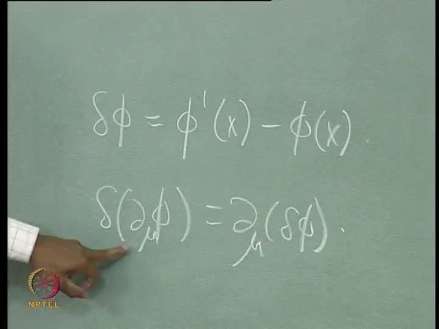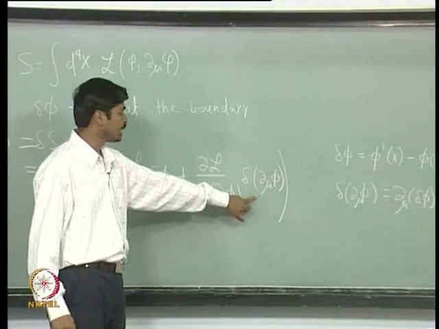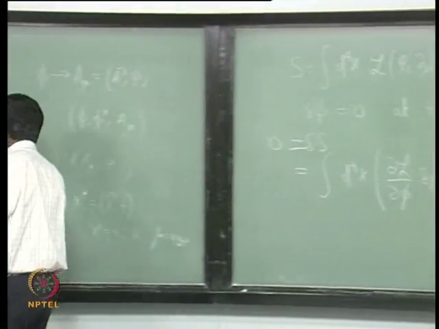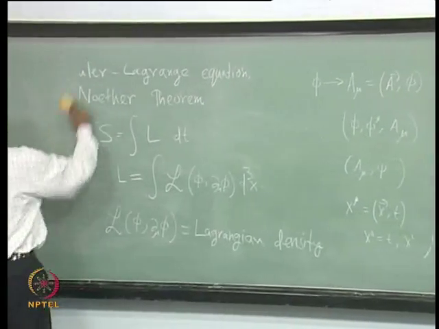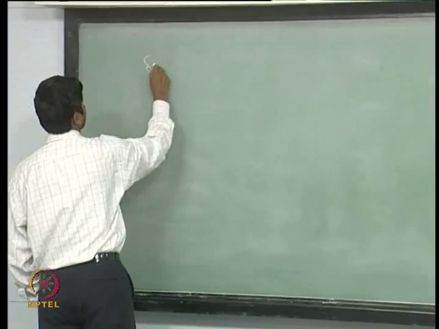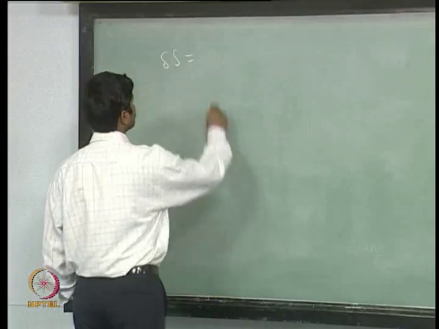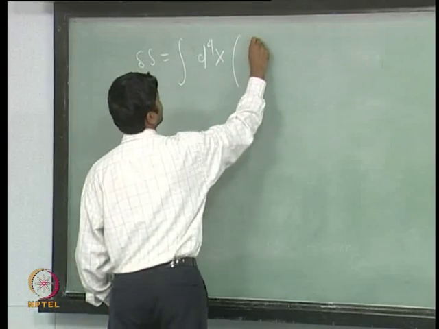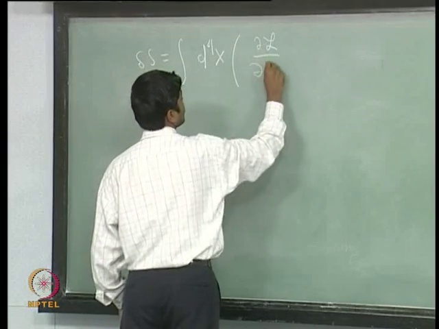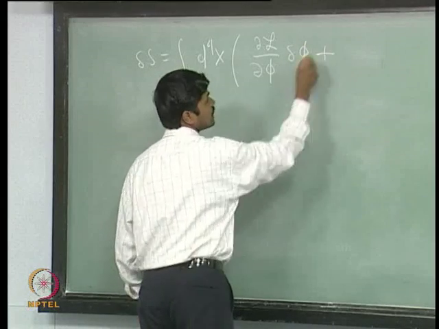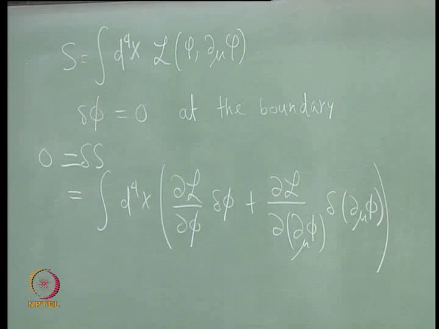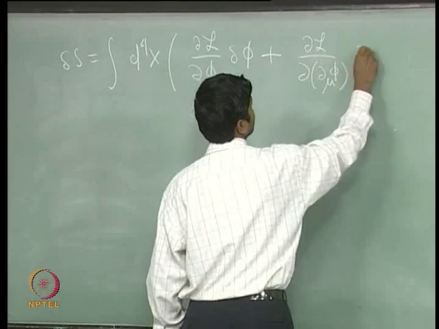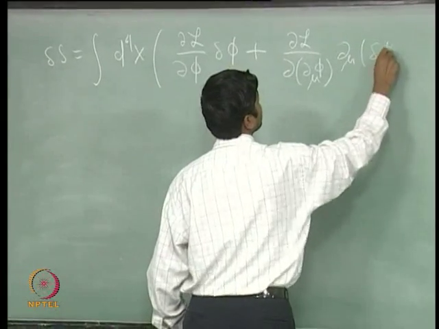I will substitute this here and then do some rearrangement. So, that will give me delta S equal to the integration d4x of del L over del phi delta phi plus del L over del of del mu phi times del mu of delta phi.